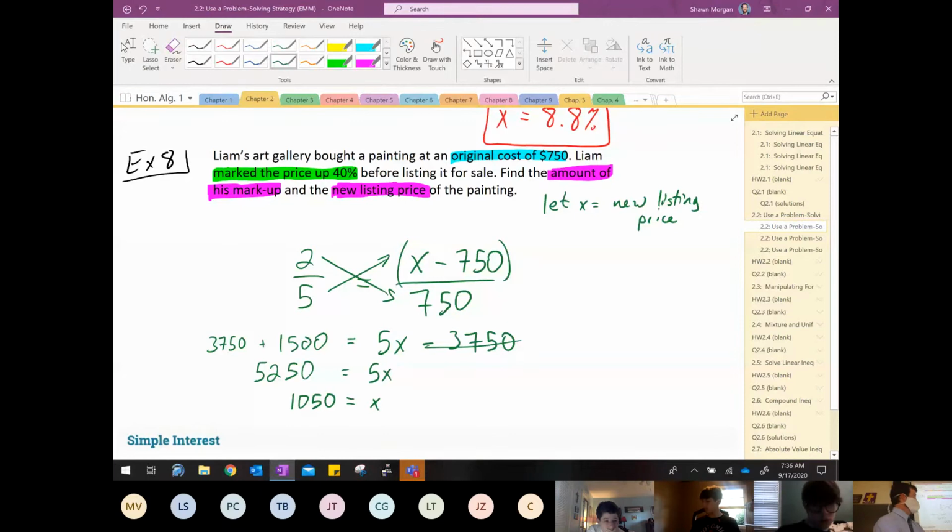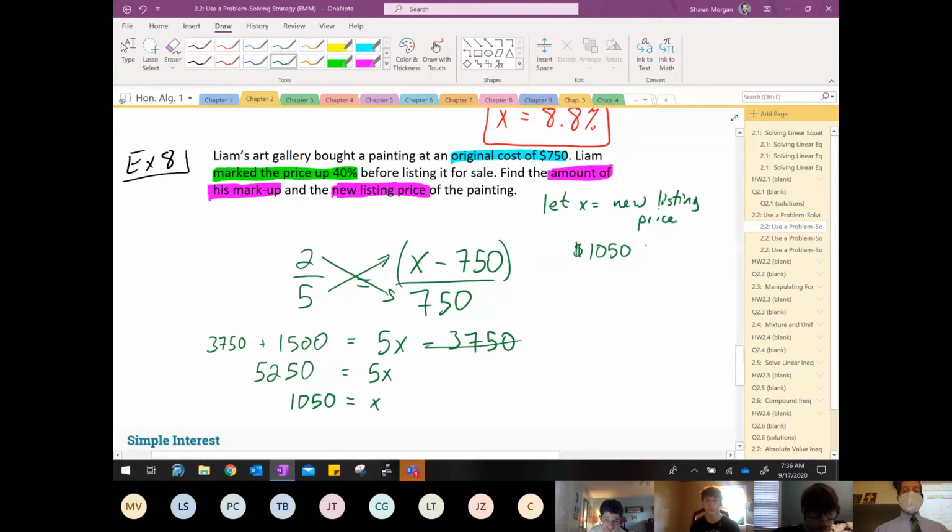Yeah, answer the question. So what we want to do is go back where I've got it highlighted kind of in that fuchsia color. It says, find the amount of his markup, okay? So if the new price was $1,050 and the old price was $750, then what is the amount of the markup? What do you guys think? $300.